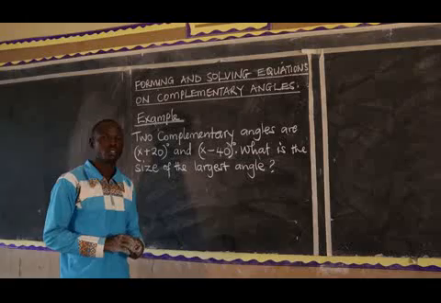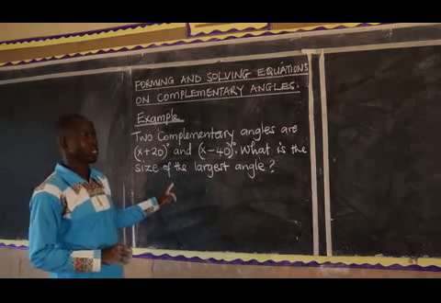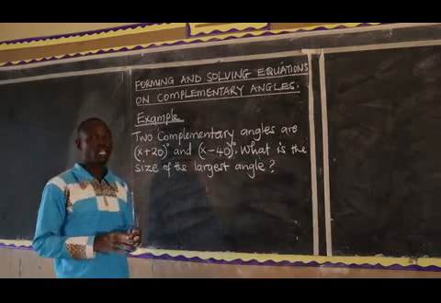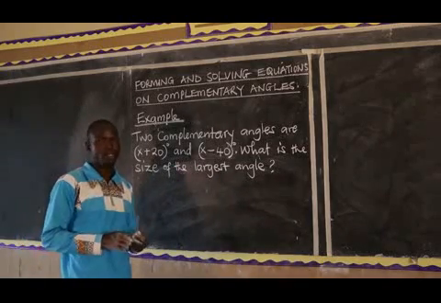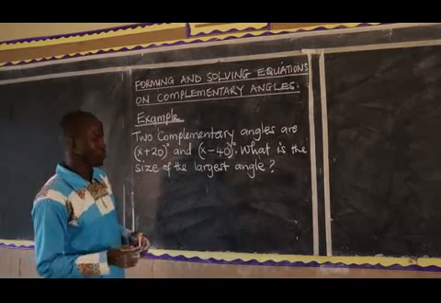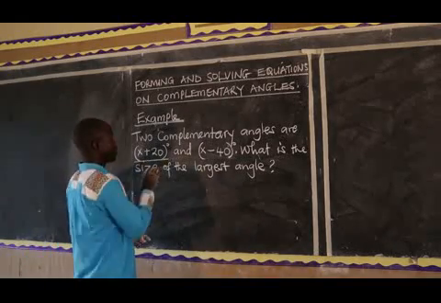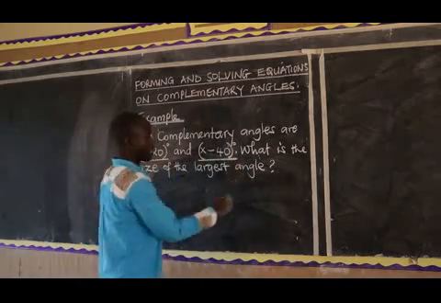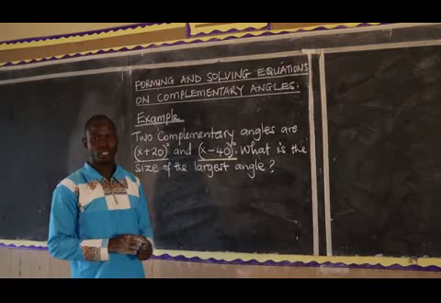What is the size of the largest angle? Now, in this question, we need to understand what this question requires. One, the two complementary angles are in the question. The first one is this one I'm underlining. The second one is that one I'm underlining.